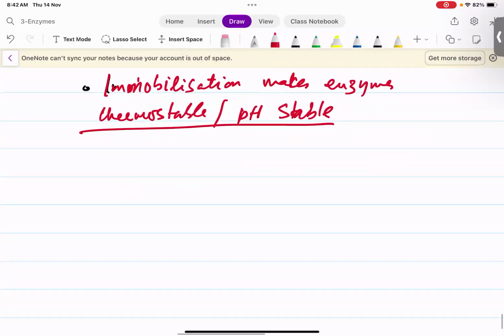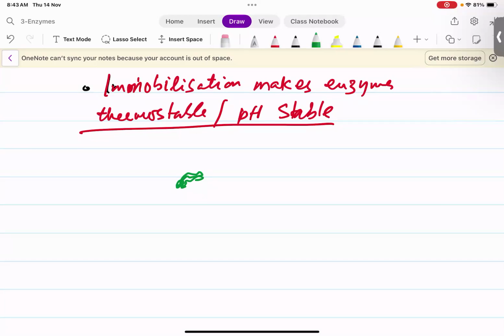You know, if this is, for example, an enzyme molecule. Sorry? Makes enzymes. Makes enzymes thermostable or pH stable.